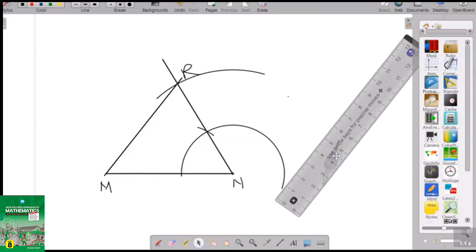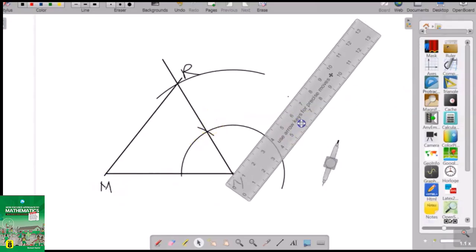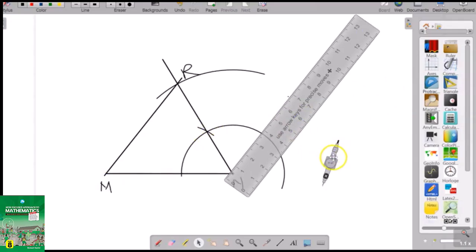Now the question wants us to construct a locus of a point which is equal distance from MN and NR. So it's more or less you are going to bisect the angle MNR. So with the help of our compass, we put a compass pin here.